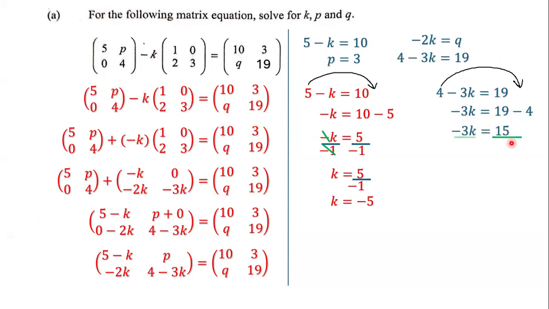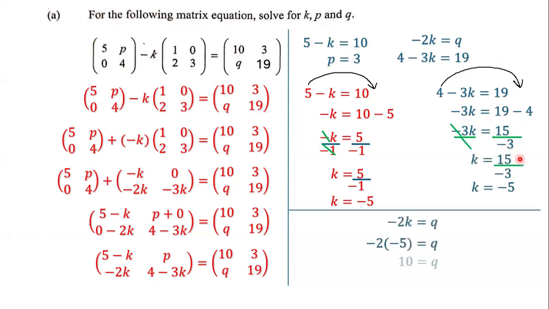We divide both sides of this equation by negative 3. So this negative 3 and this negative 3 cancel out each other. So we have that k is equal to 15 divided by negative 3, and 15 divided by negative 3 is negative 5. And so we have k is equal to negative 5 and k is equal to negative 5.